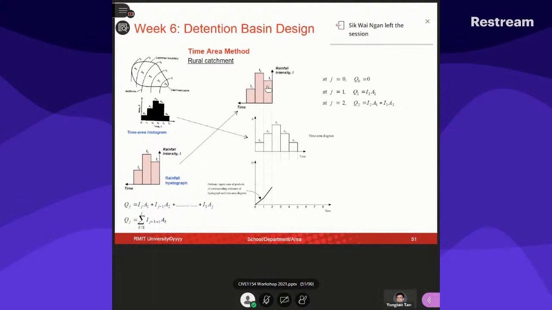So the flow at the catchment outlet is I2 times A1 plus I1 times A2, because only the two areas are contributing to the runoff. Here you can plot the outlet flow on the hydrograph.